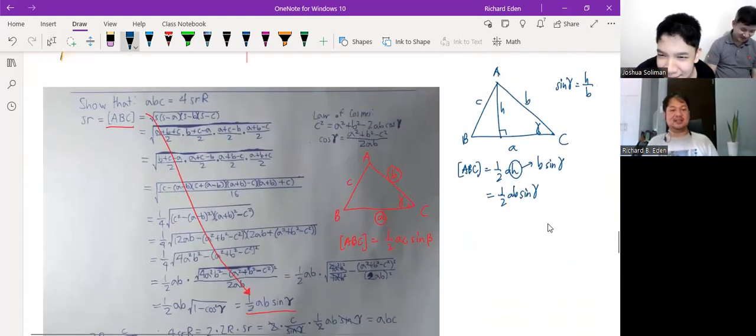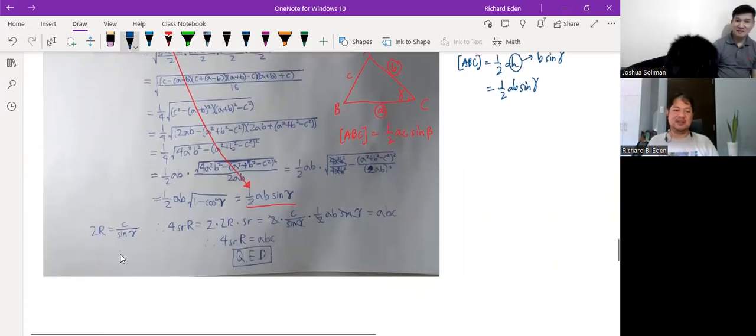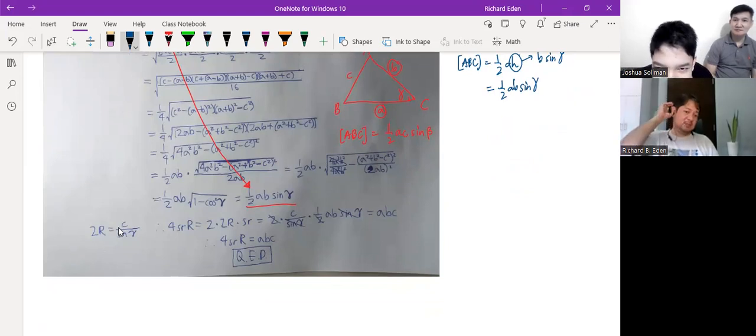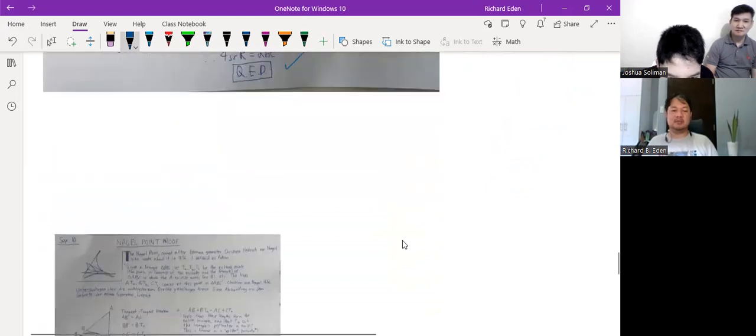So I just wanted to bring it up in case the realization escaped you. And so actually nothing else to say except that this is correct. 4SR, big R equals ABC.